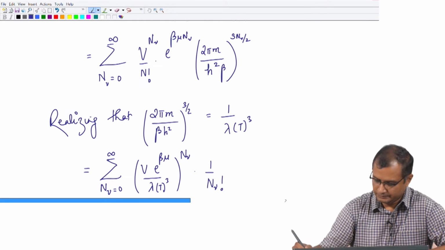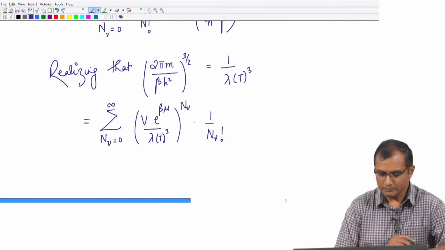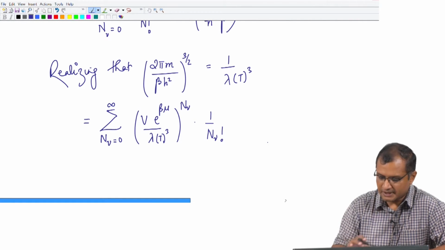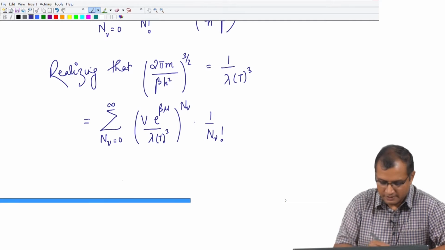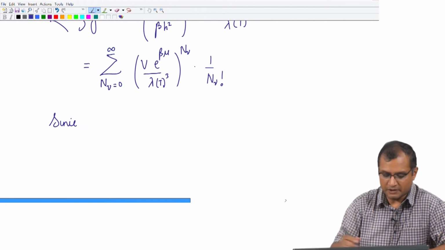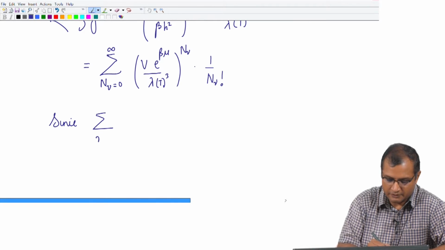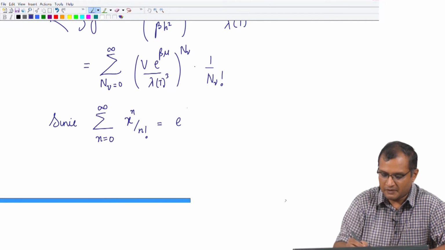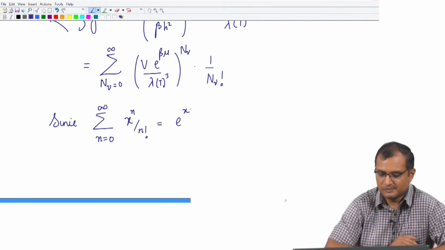So, you know that this summation x raised to n divided by n factorial, okay. So, if you recall, this is nothing but an expression for e to the power x, okay.